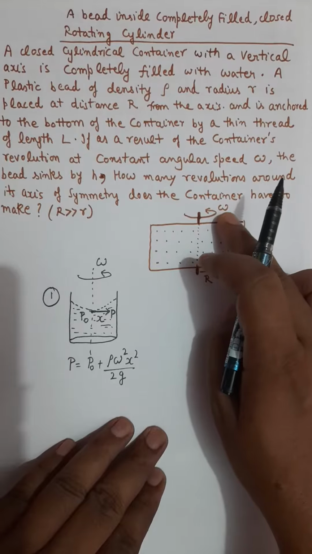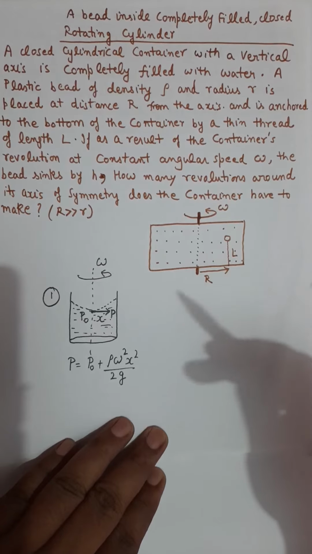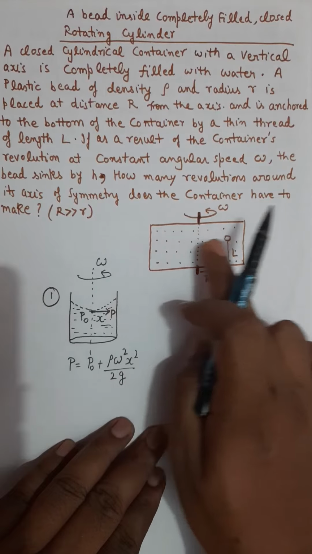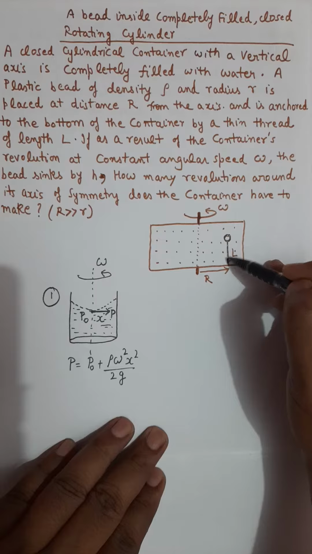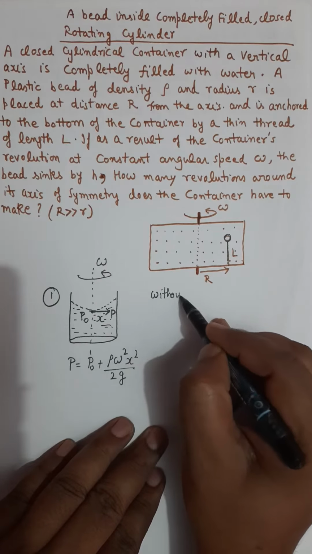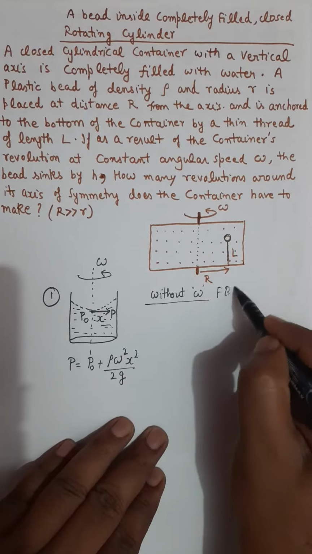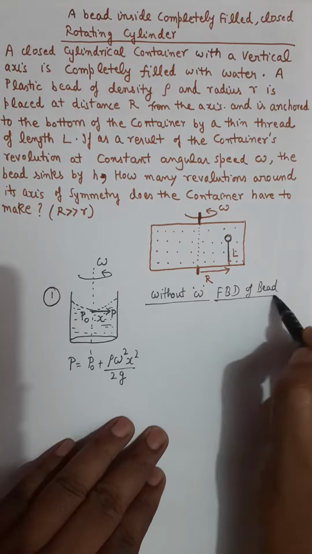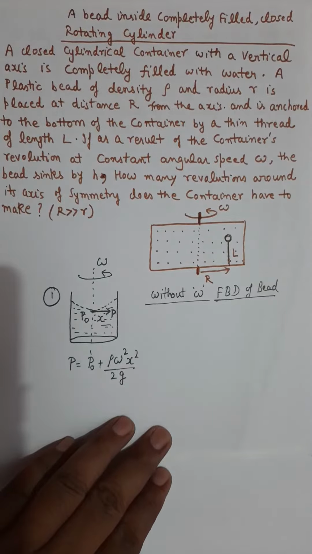Before having this angular speed, if you read the question, you will come to know that before we started rotating the cylinder, the bead was at rest. So without angular speed omega, if I draw the free body diagram of the bead, it will have the following forces.